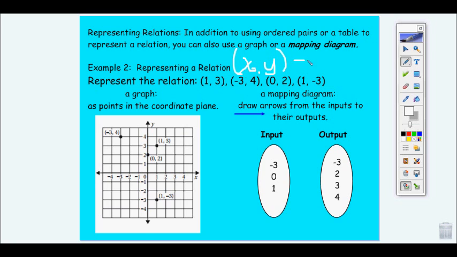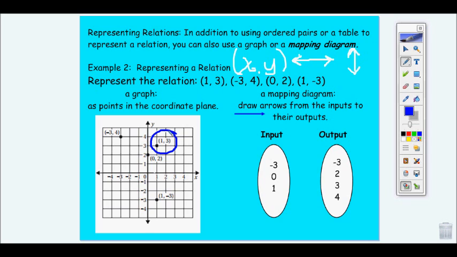The x is how we move left or right, and the y is how we move up or down. So you can see the first point, 1, 3. I'm going to move to the right 1 and up 3, and there is point 1, 3.